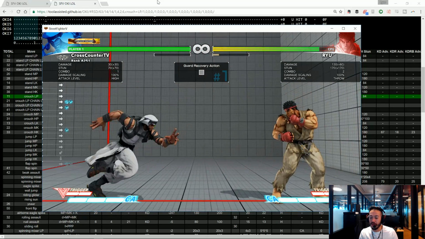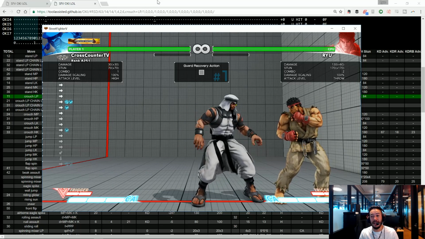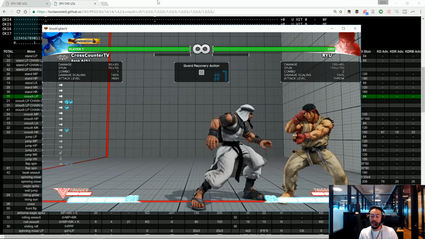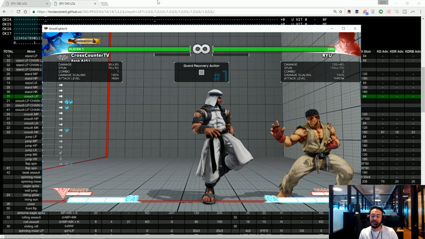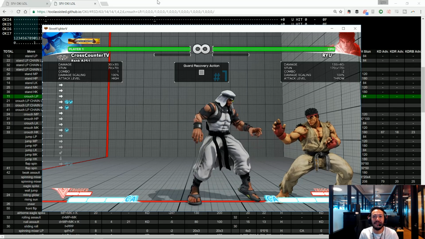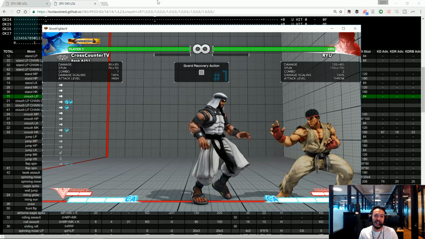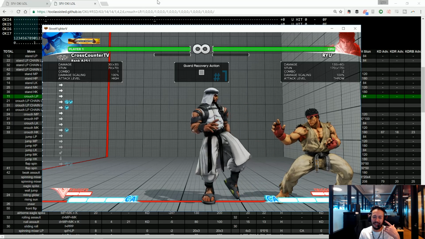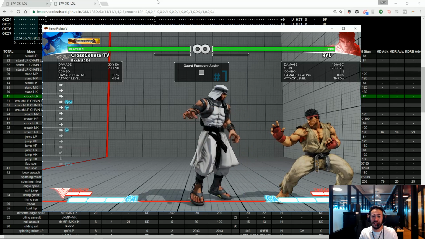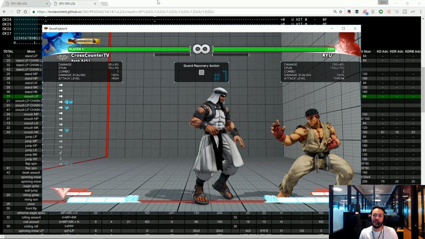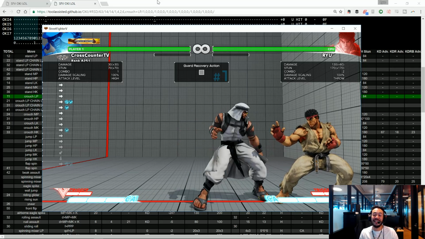But when you're fighting players that aren't as strong, maybe they're not able to tech throws. So on a lower level, it's good to go for the throw early so that you can see whether this person is even capable of teching throws. On a higher level, you basically have to assume that they are.